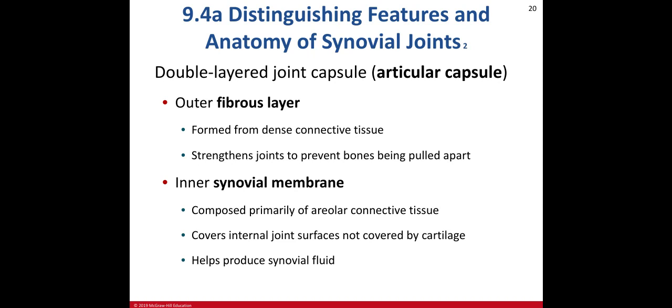The outer fibrous layer is dense connective tissue that's going to strengthen the joint and stop the bones from being pulled apart. The inside layer is the synovial membrane. That is going to be made of areolar connective tissue. It's going to cover the internal joint surfaces that are not covered in cartilage. And this is the membrane that will make the synovial fluid.